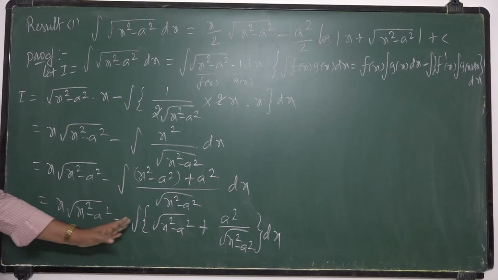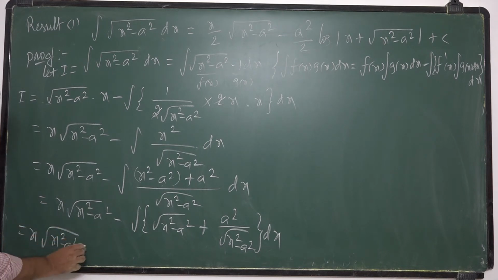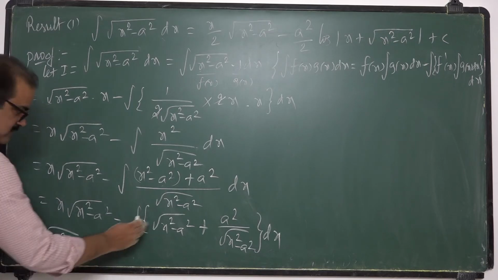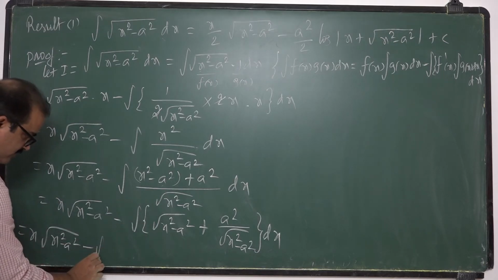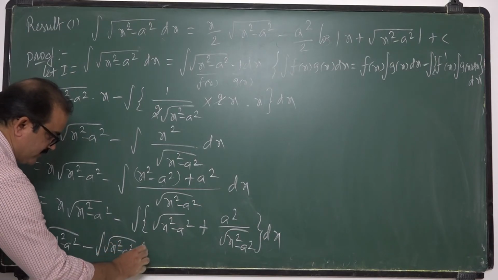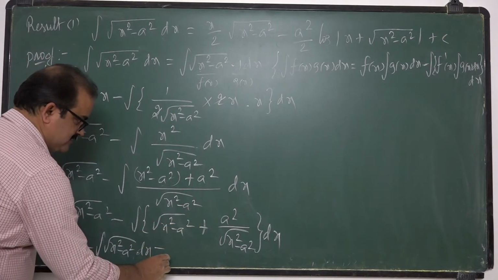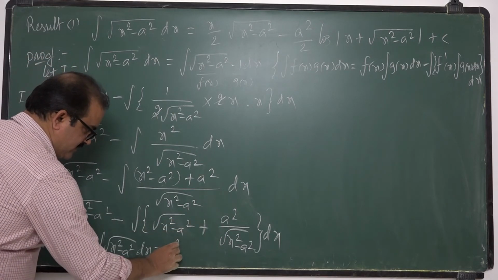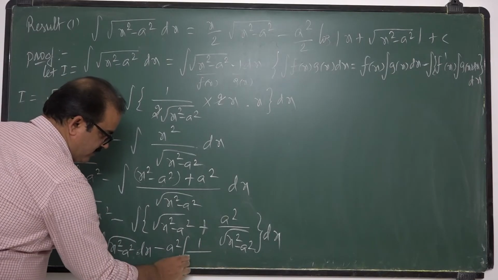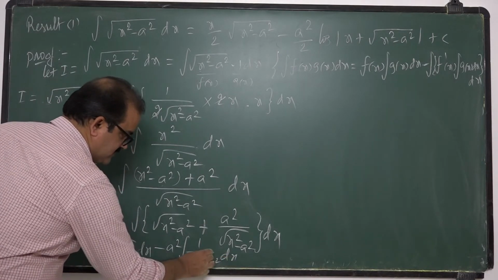Now integrate separately. It becomes x into root of x square minus a square, minus integral of root x square minus a square into dx, minus into plus is minus, a square is constant, a square into integral 1 by root of x square minus a square into dx.